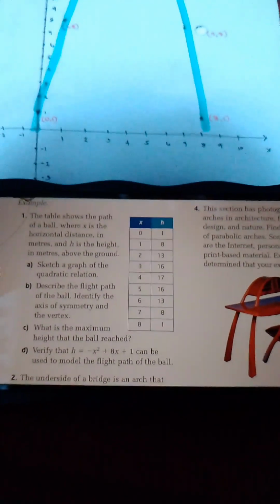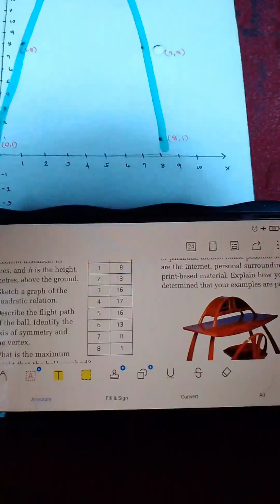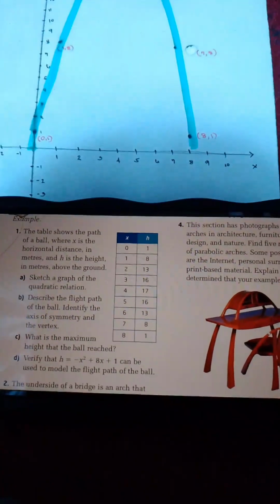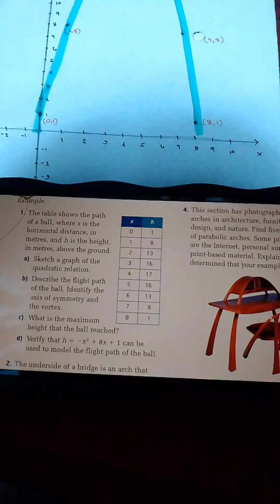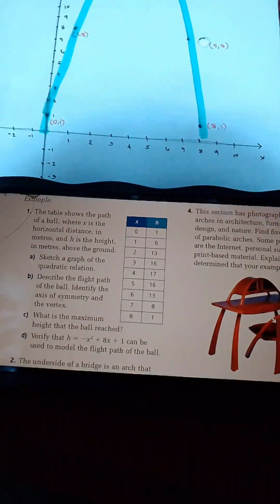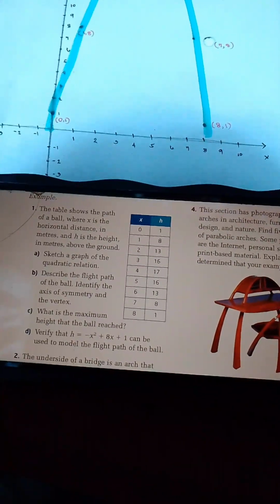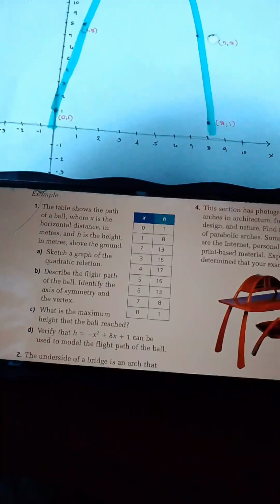So by using the table and the differences, we can identify what kind of relation the given equation is. Next is to practice. We have number 1. The table shows the path of a ball where x is the horizontal distance in meters and y is the height in meters above the ground.